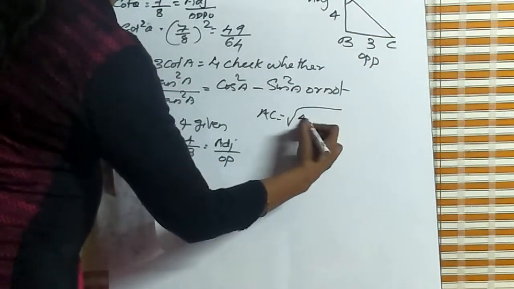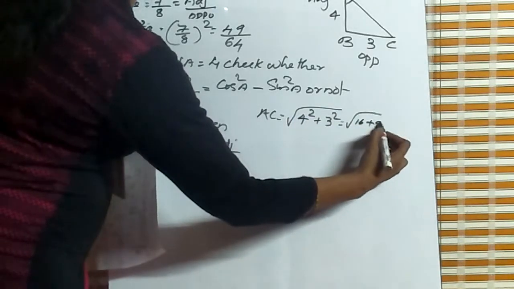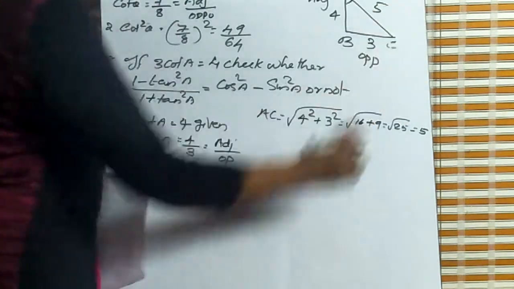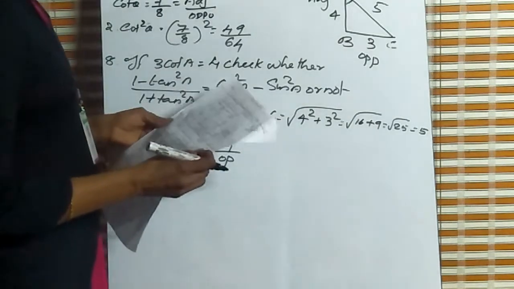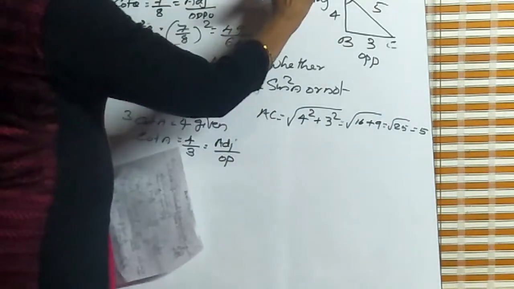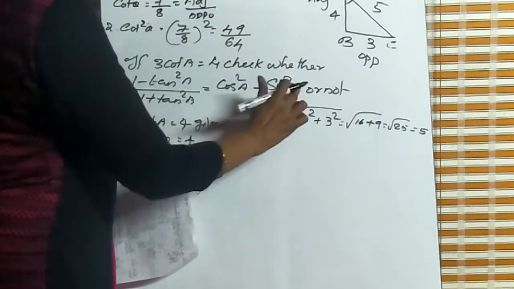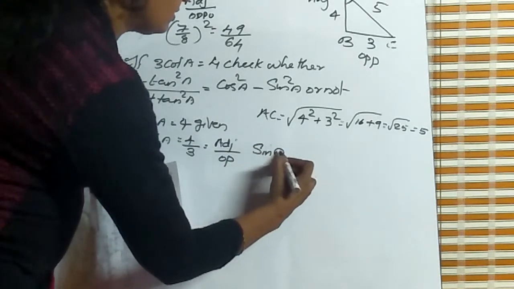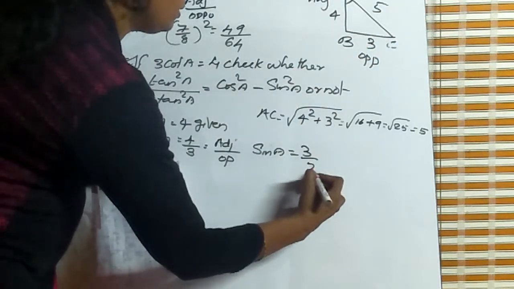AC is equal to square root of 4 square plus 3 square, which is 16 plus 9, equal to square root of 25, which is 5. AC is equal to 5. Now we have to find sin A, cos A and tan A. Sin A is equal to opposite side by hypotenuse, 3 by 5.